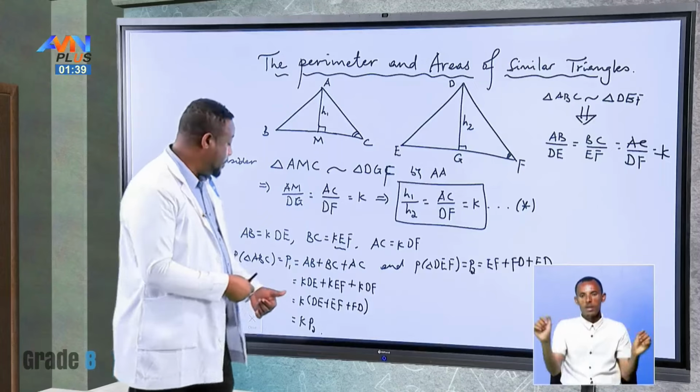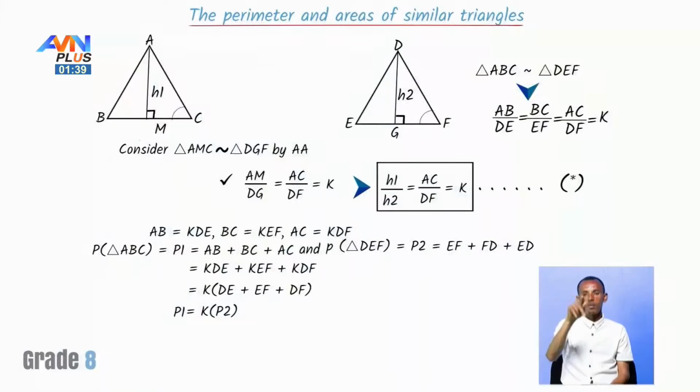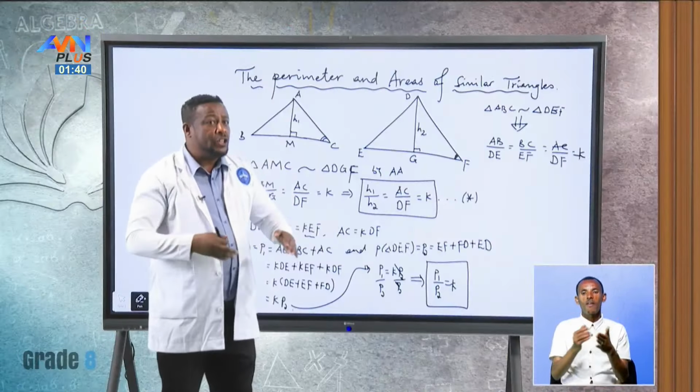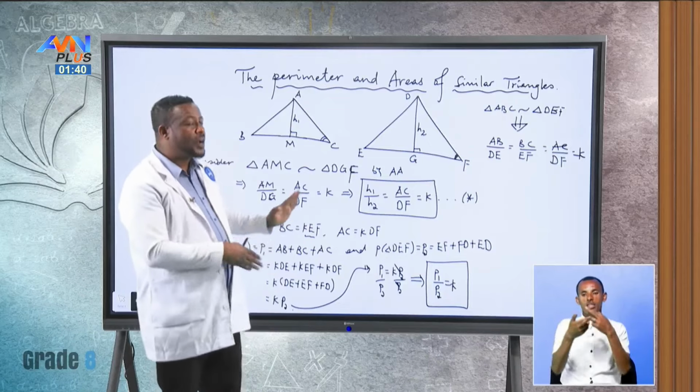This tells us P1 is equal to K times P2. Now divide both sides by P2. Whenever you divide both sides by P2, you will have K. This implies P1 by P2 is K. Now take a few seconds to compare the relationship that we derived here.